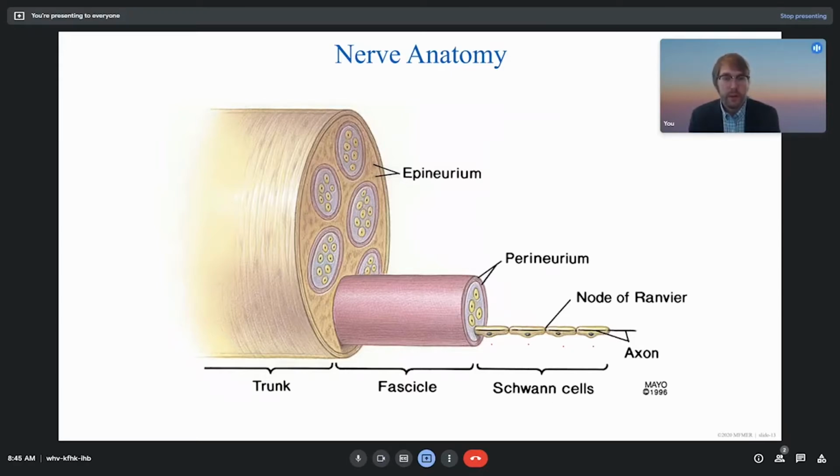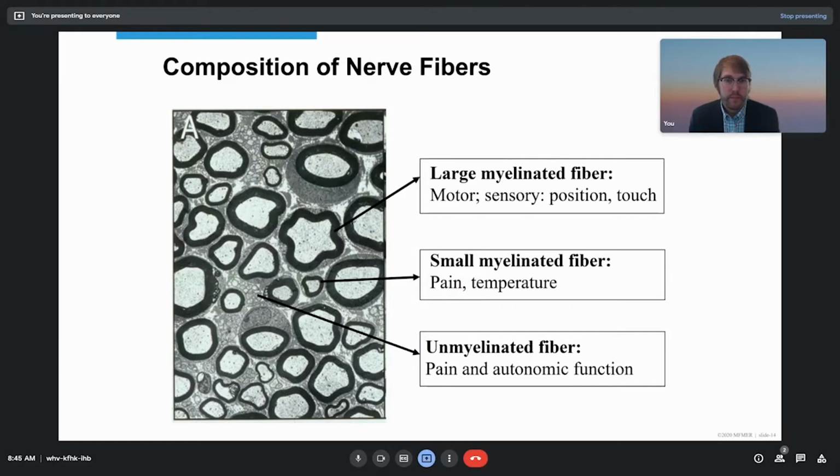You'll also notice that because there are individual Schwann cells stacking up on one axon, where they meet there's a bit of a gap, and this gap was noticed by a neurologist named Ranvier, who called this the node of Ranvier.